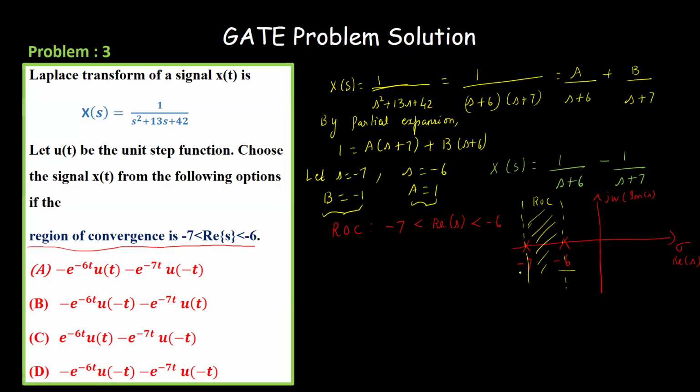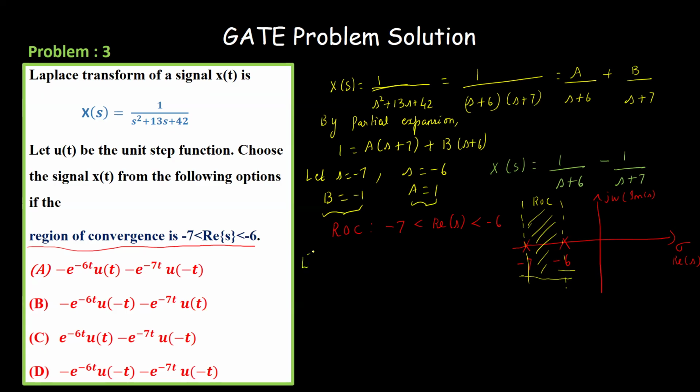When we consider -7, it is a right-sided signal, so we have to consider that input signal as u of t. Okay, so you have to remember this. We have to consider this as the basis to find the input signal, to find the inverse Laplace transform of X of s.